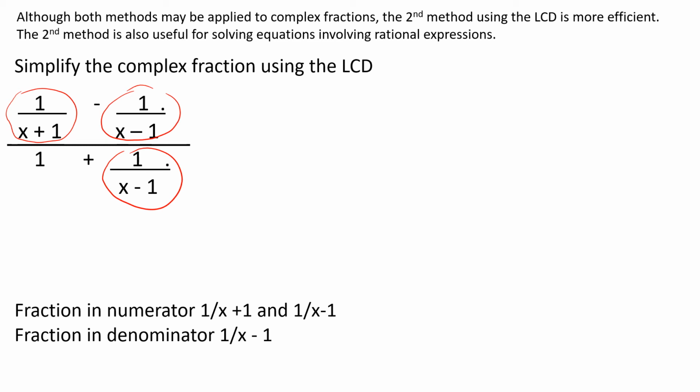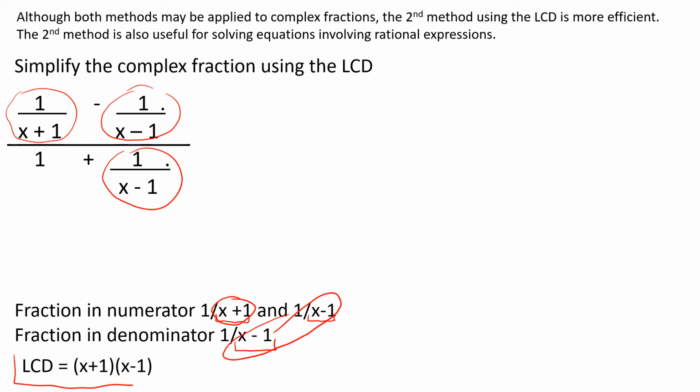So here's a denominator, here's a denominator, and here's a denominator. Now we have to determine the LCD. So again, the LCD is going to be the x plus 1, listed once in each case, and the x minus 1. So this here is our LCD.